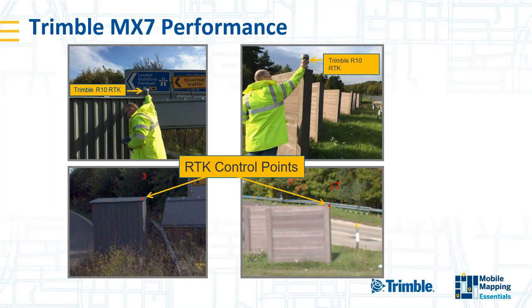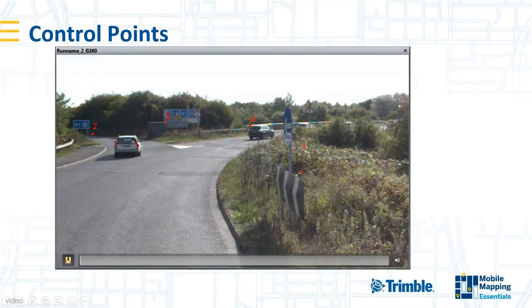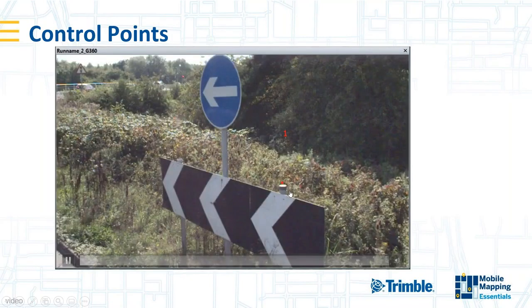So we were using an R10 at the time, and you'll see we identified these points in the images and measured them using RTK. And then simply what I did was I imported those points into our imagery. So the red dots here are just imported coordinates.